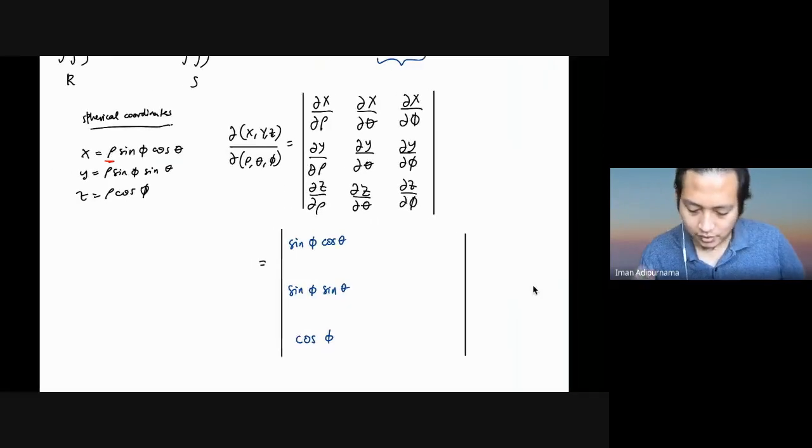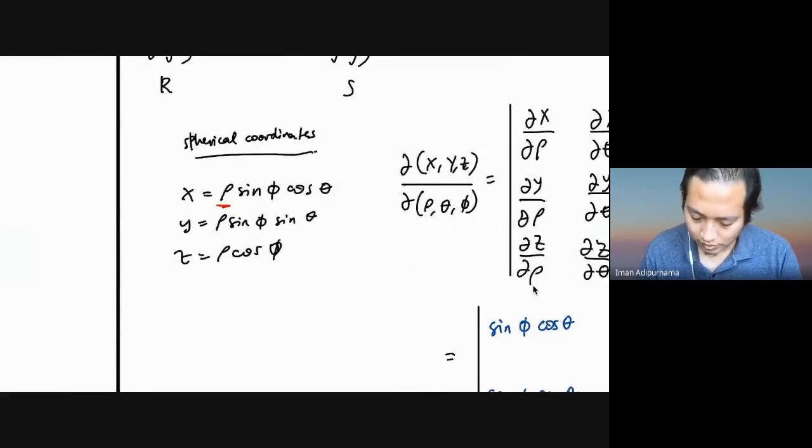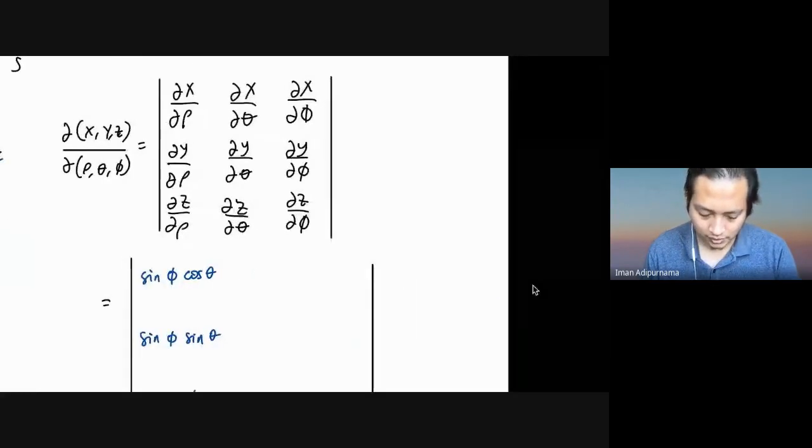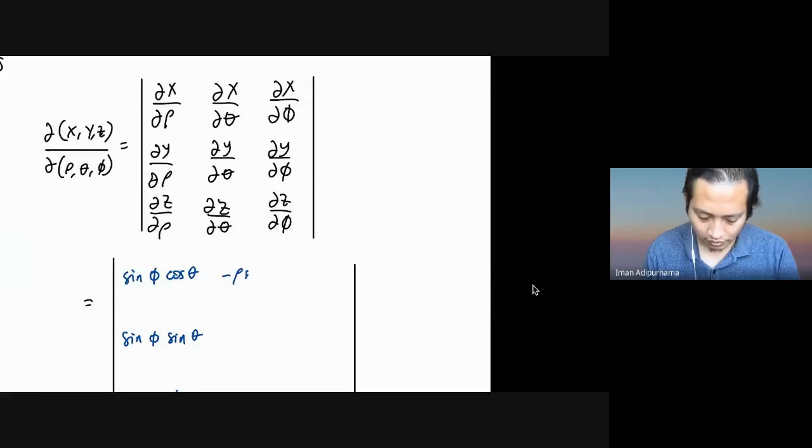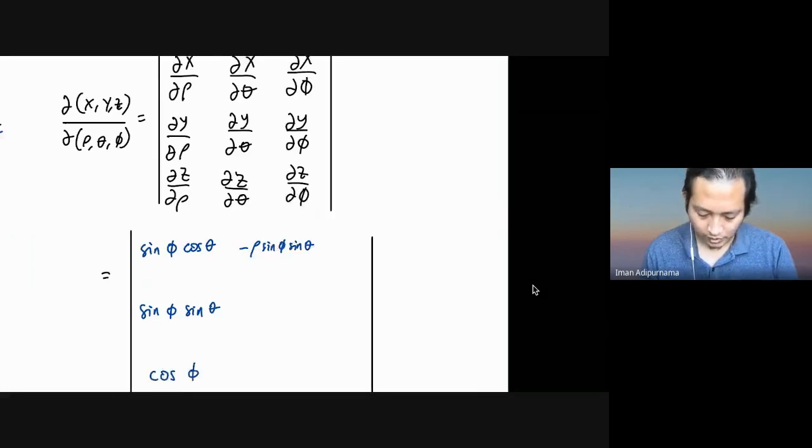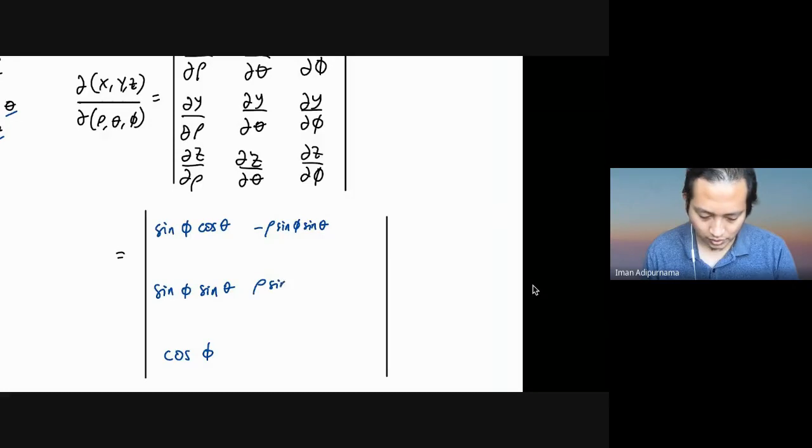And then derive with respect to theta. So theta is here. So cos will be minus sine. So minus rho sine psi cos theta. Sorry, sine. And this will be rho sine psi cos theta.